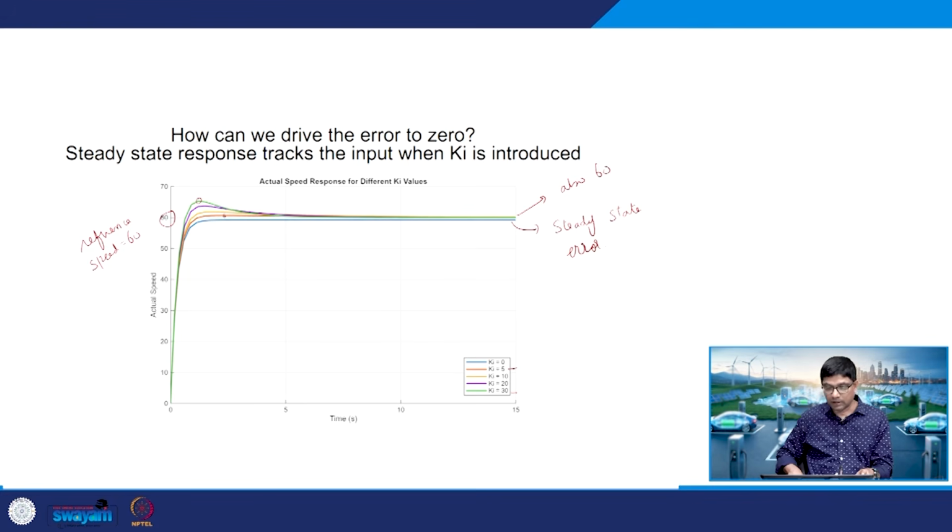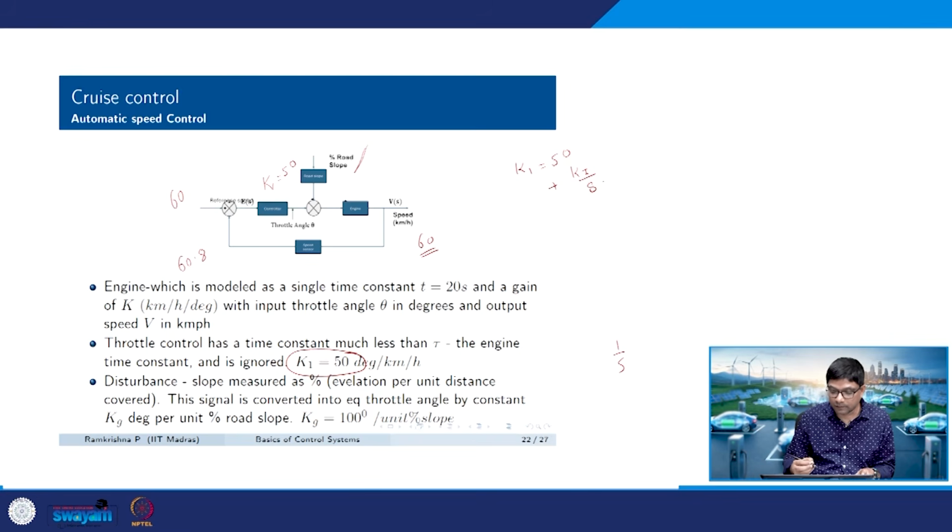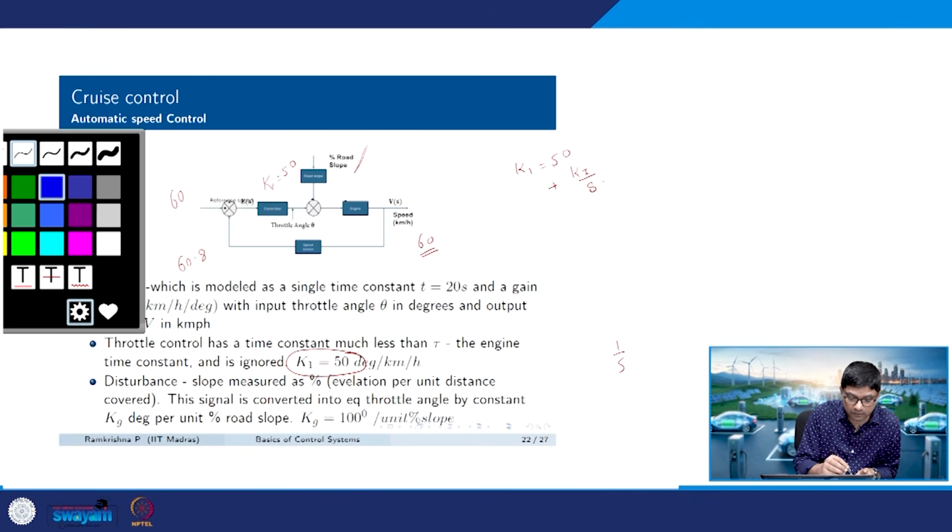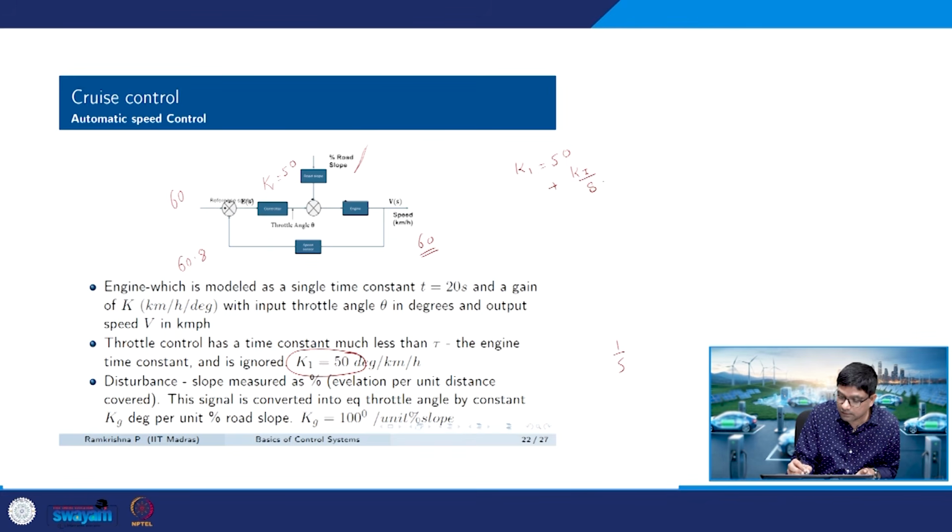In my earlier version, for this to be 60, the reference had to be 60.8, or in other words, if the reference was 60, the actual could be some 59.3 or something like that. And that was when the control was just a number 50 here. The throttle action is just 50 degrees per kilometers per hour.